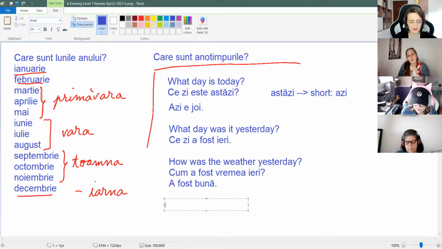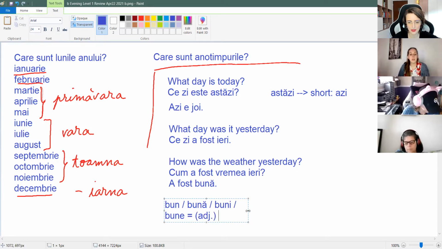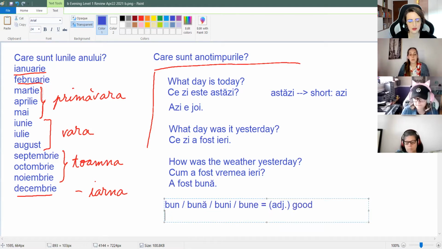You have bun, bună, and then in the plural you have bun, bune. That's an adjective, so you describe objects or people with it, and it means good. You also have bine, that means well, so that describes an action normally.